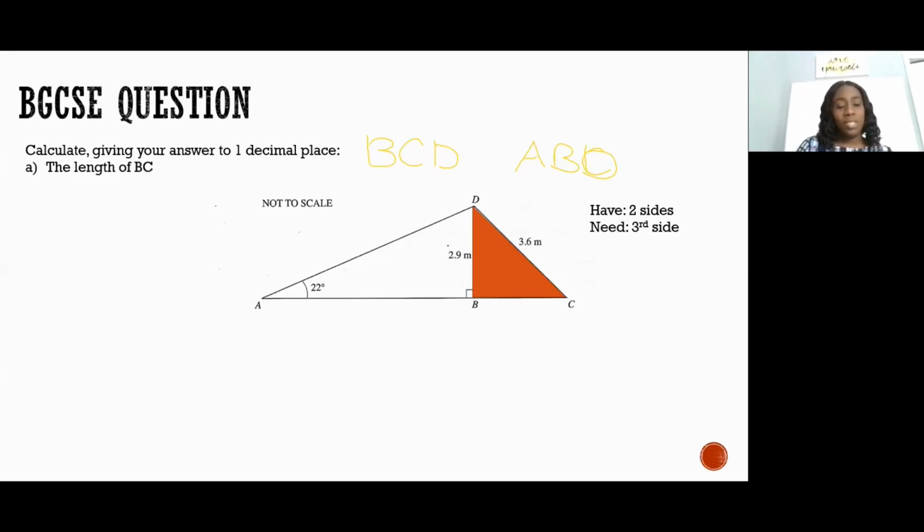Someone is saying yes, use trig ratios. But what do I need for trigonometric ratios? Do I just need sides? Yes, Alexander. I need an angle to find a side, so I can't use trigonometric ratios.